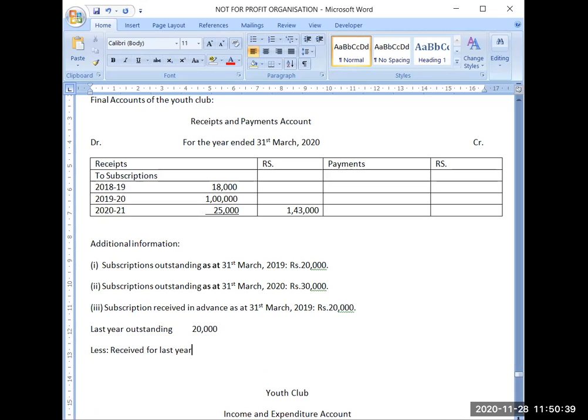How much have you received for last year? 18,000. This we have received for last year.